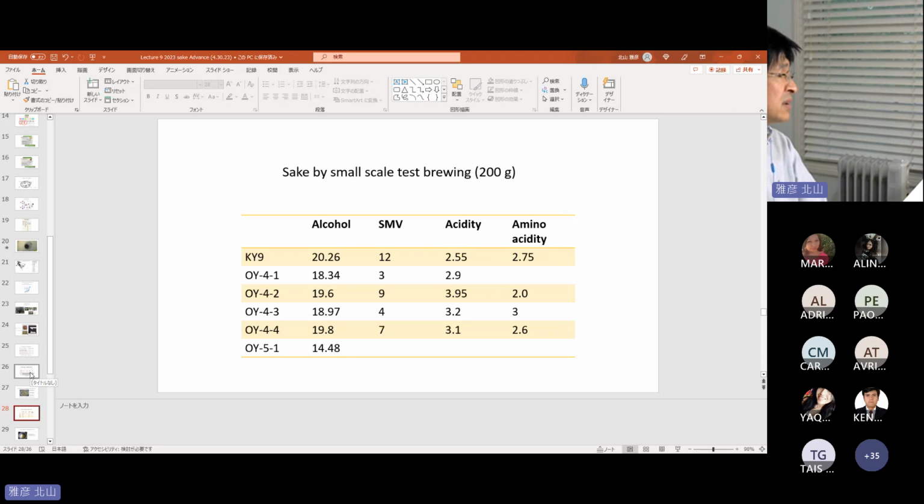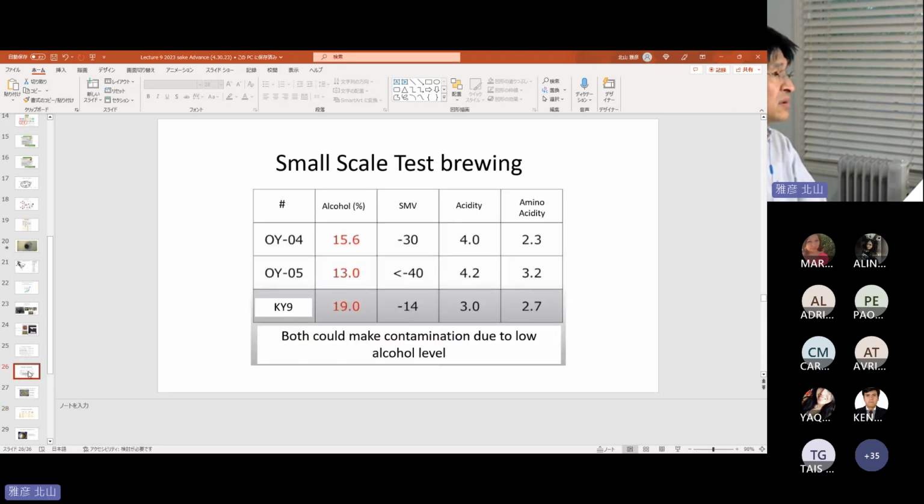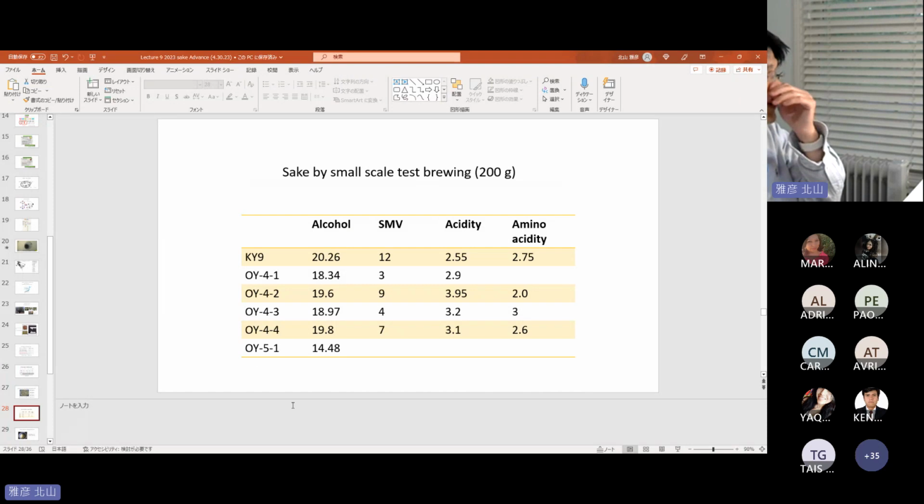This number is very constant, I think. 15, 30, small scale. And they tried small-scale brewing several times: 18, 14, 19, 40. So probably they decided to use the OY4 strain from this data. Test brew. SMV is now improved.